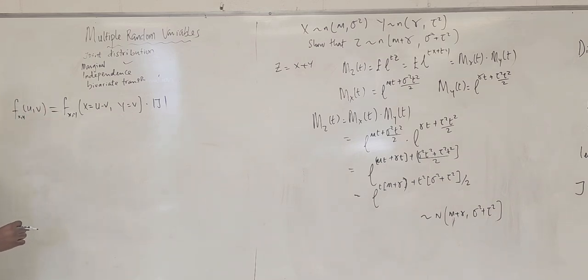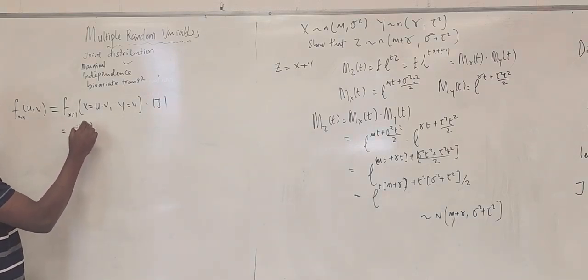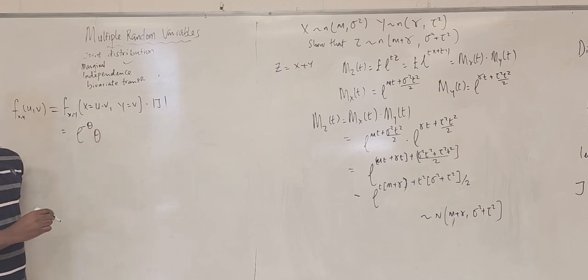Okay? Now, the joint distribution is exponential minus theta, theta to the power of what? This one is x, right? Yeah. That's what I meant. Theta to the power of what?